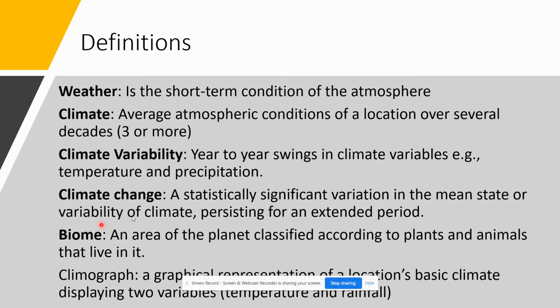Then there will be a discussion about biome. A biome is an area on the planet classified according to the plants and animals that live in it. It is a region of the earth that has similar types of weather or climate, which dictates the vegetation. If the climate is humid and there is lots of precipitation, you would see lots of forest around that region.